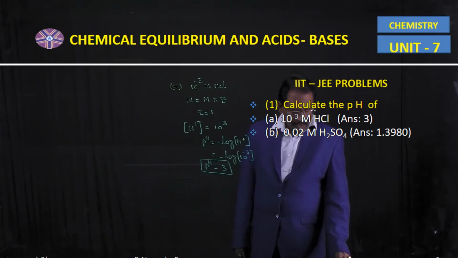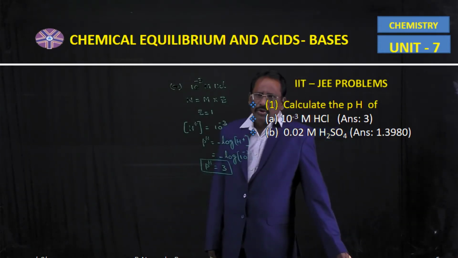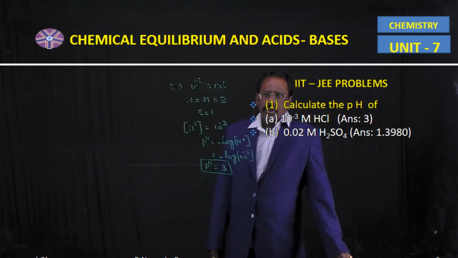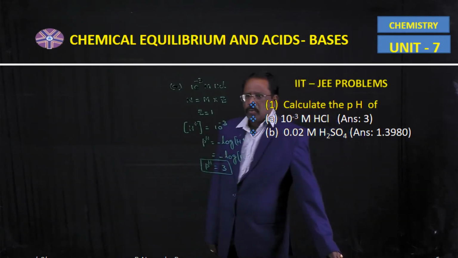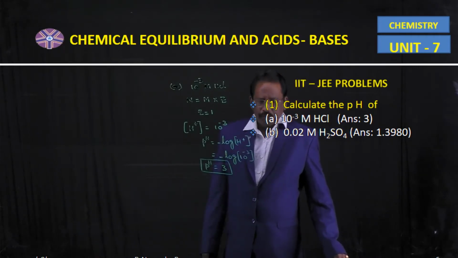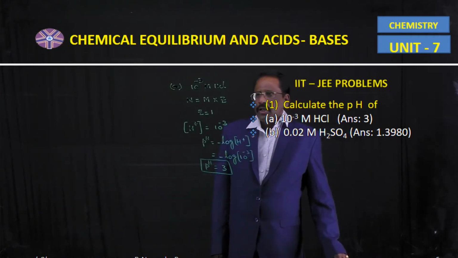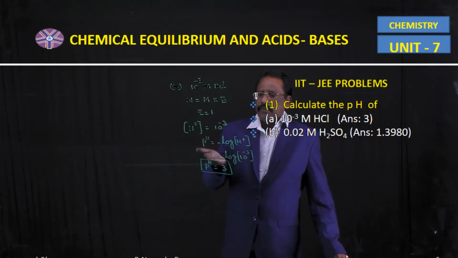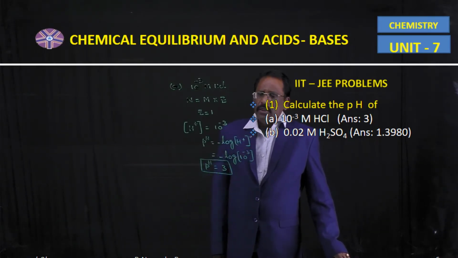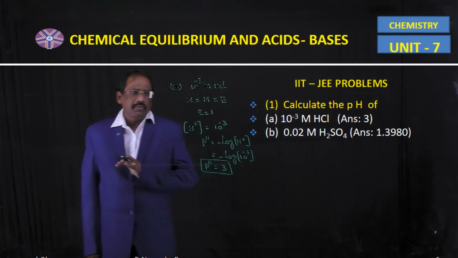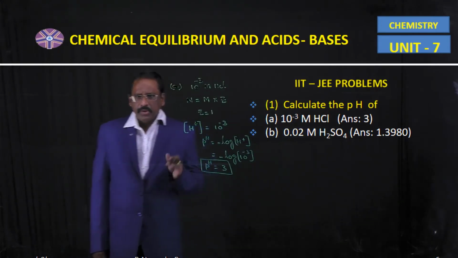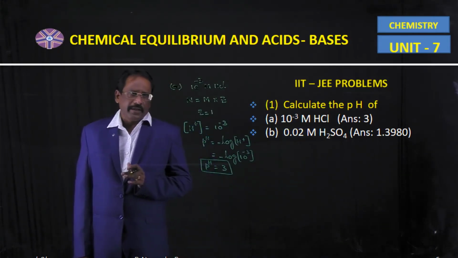Similarly, log 8 is equal to 0.9030, and log 9 value is 0.9542, and log 10 to the base 10 is equal to 1. That's why pH of the solution is equal to 3. So, better to remember log 1 to log 10 values while doing the problems in pH scale.